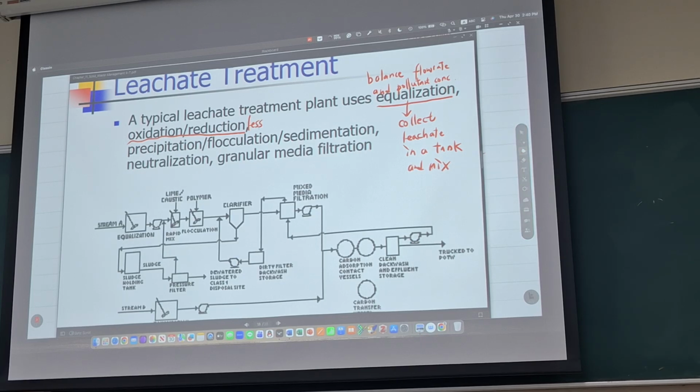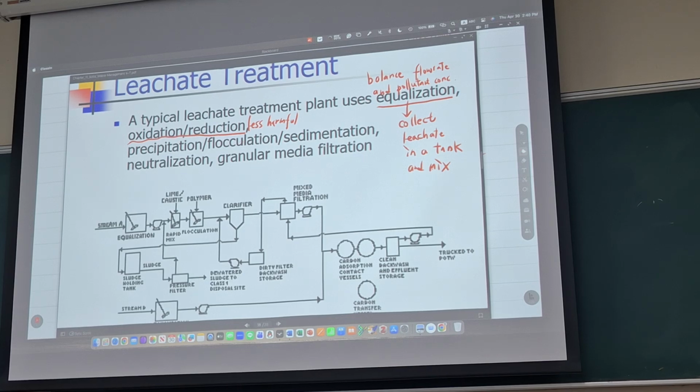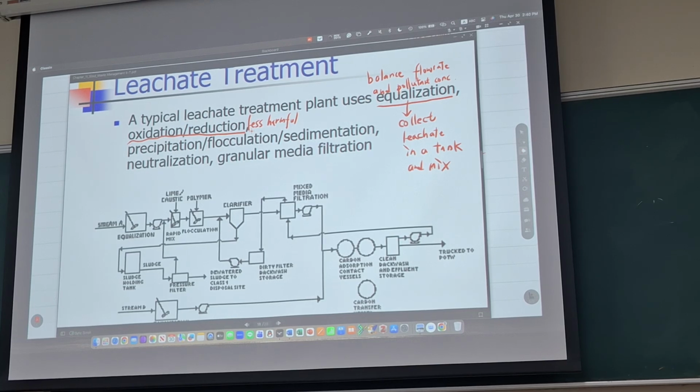We want to make the lithium less harmful. We want to reduce toxicity.